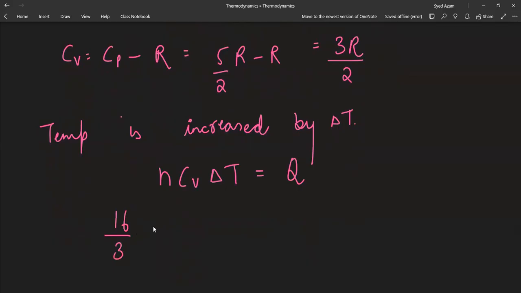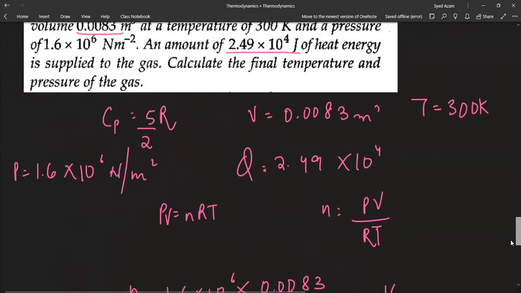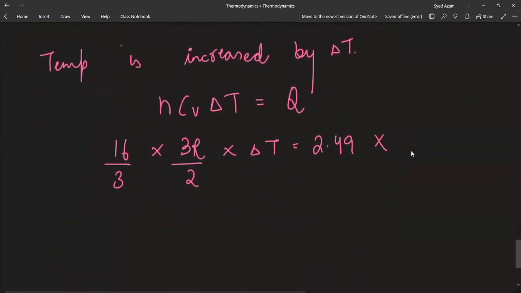This is 16/3. This is 3R/2 into delta T. This is 2.49 into 10 to the power 4. So when you solve this, this will come around 375 Kelvin.